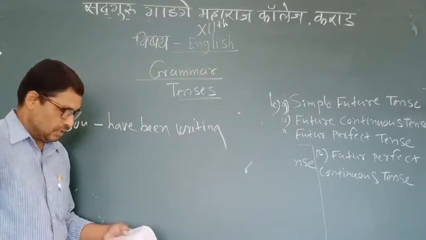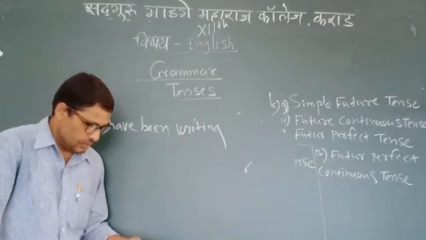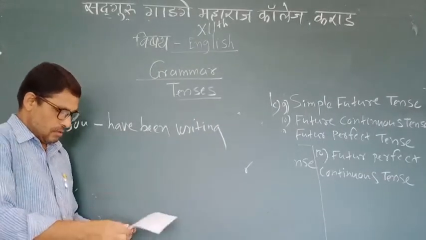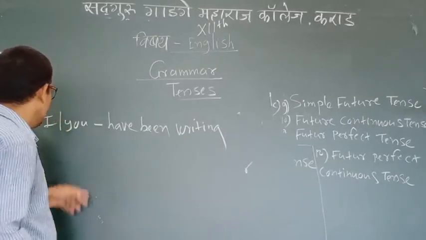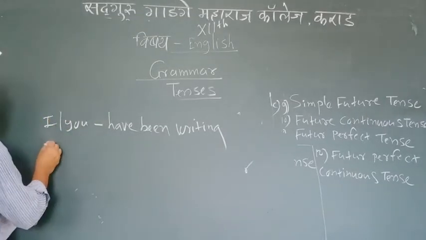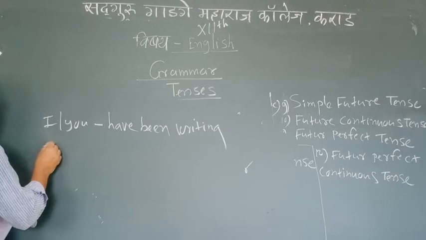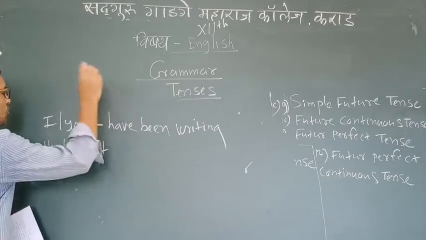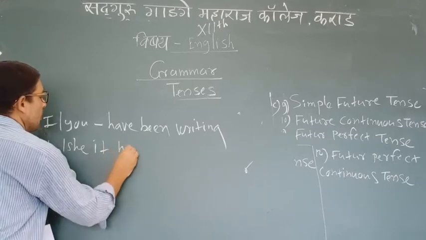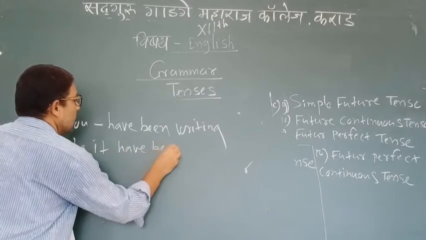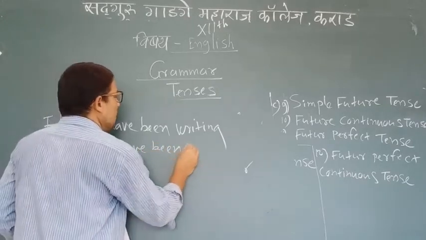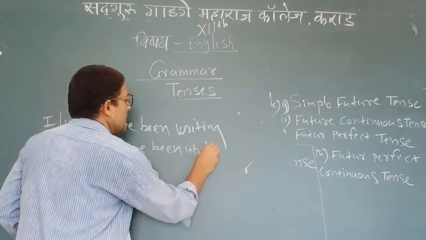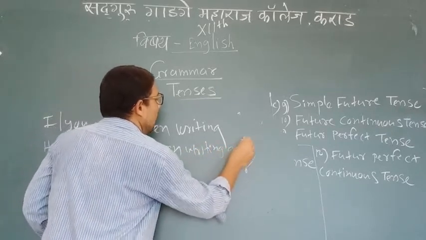This is the present perfect continuous tense. Same for the subject you, he, she, it: there is no change. He, she, it has been writing a letter.